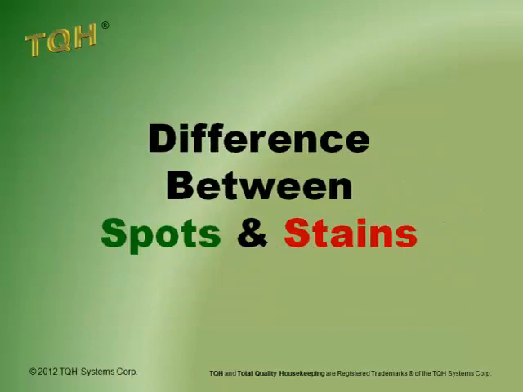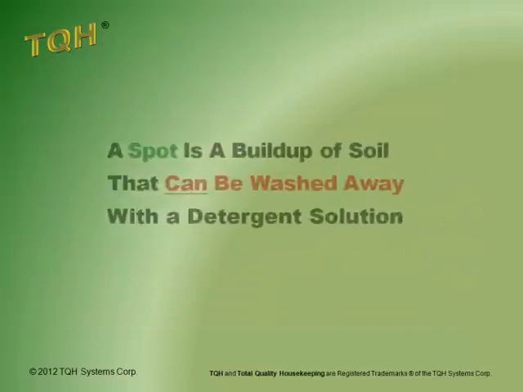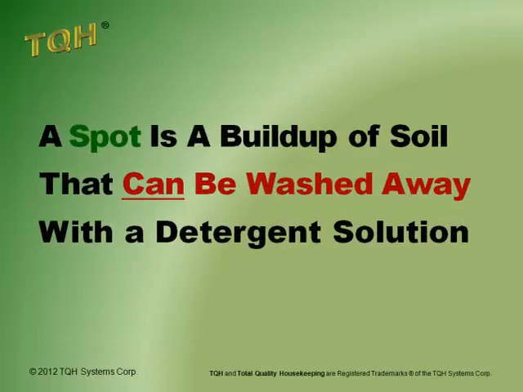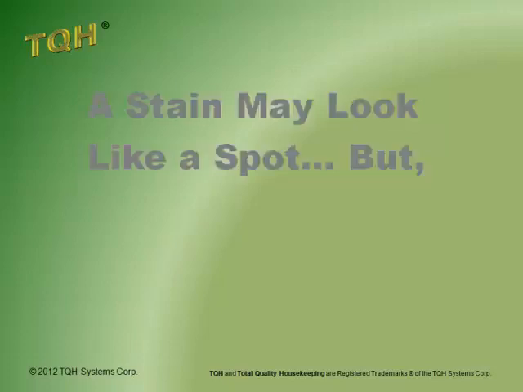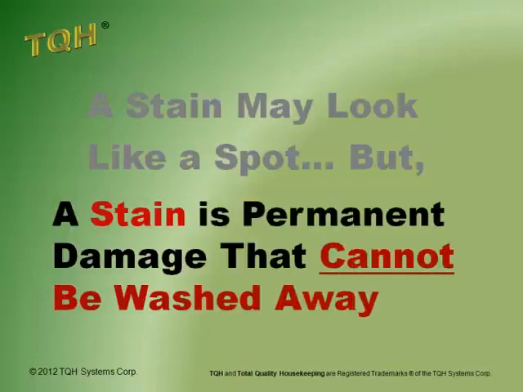The difference between spots and stains. A spot is a buildup of soil that can be washed away with a detergent solution. A stain, on the other hand, may look like a spot, but a stain is permanent damage to the surface, and it cannot be washed away.